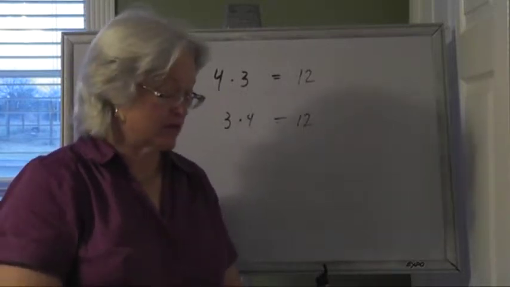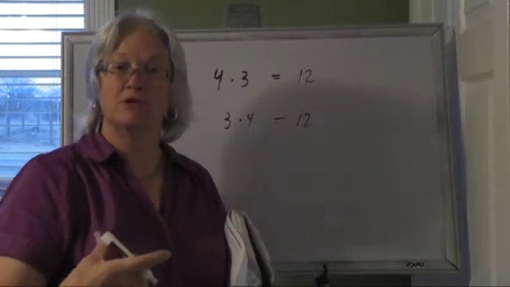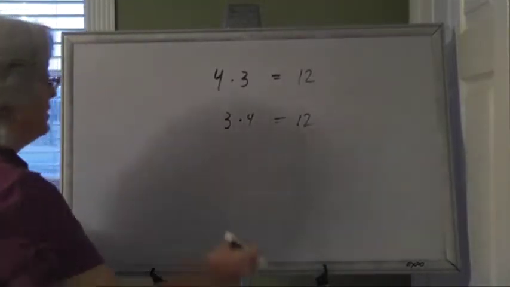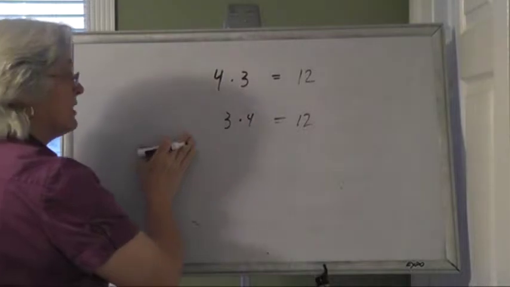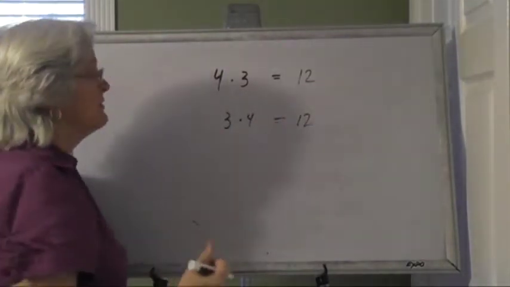And what that tells us is that the order in which two numbers are multiplied together has no effect on the answer, no effect on the product of this multiplication.